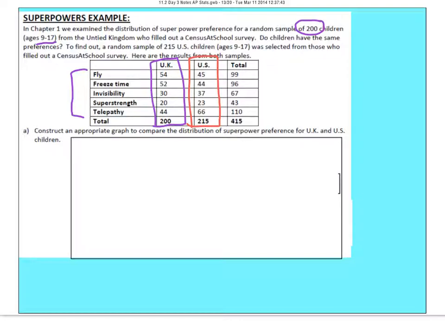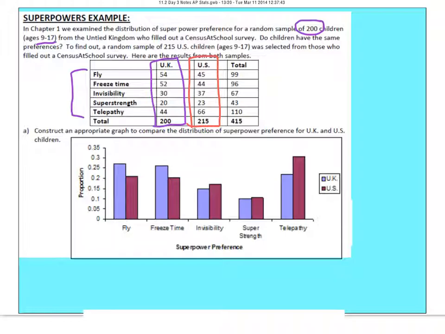That is, we condition on the actual superpower. If you do this, you would get a graph that might look something like this, where we have conditioned by superpower for preference. That is, if I were to add up the UK, which is all of the blue bars, we would see 100% of the student responses, and the same with the US. And notice they used the proportion and not the counts, because they're not equally sized groups.